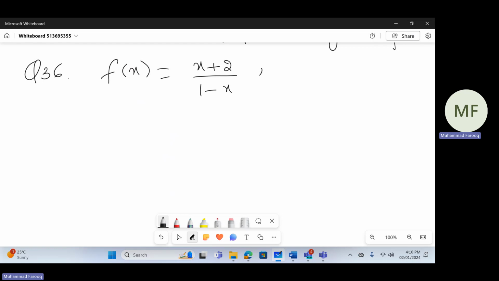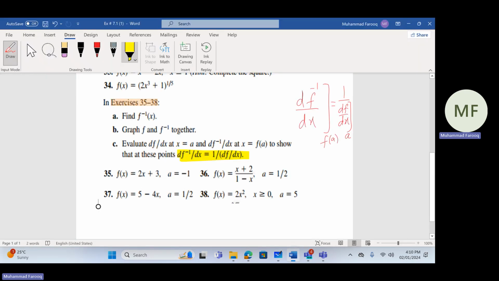Now, as per the question, look at part C. The first calculation is to find the function derivative at which point? A.